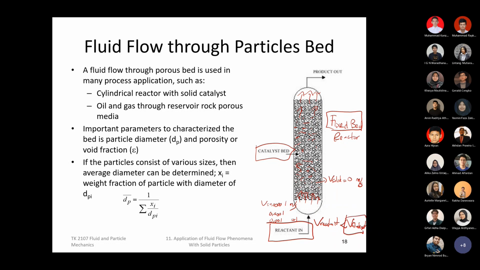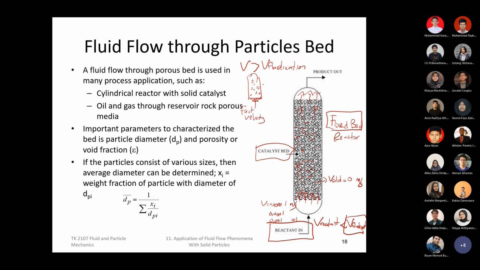Now the question is, what happens if we keep increasing this velocity? When the velocity becomes higher than the fluidization velocity, the particle will start to be lifted. So it will fly around because of this fast velocity.